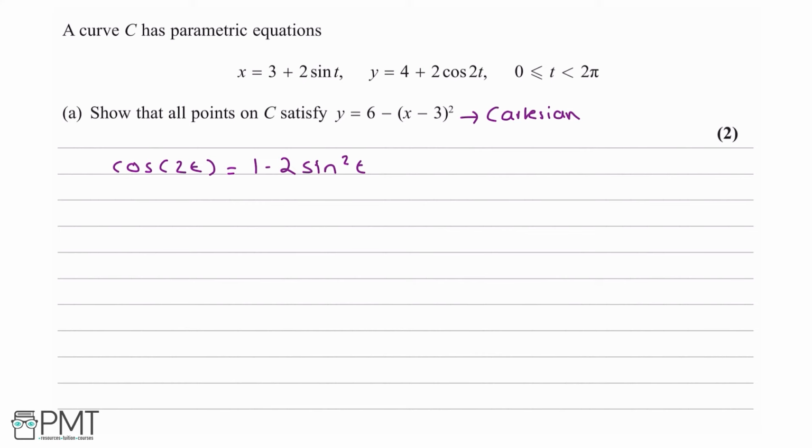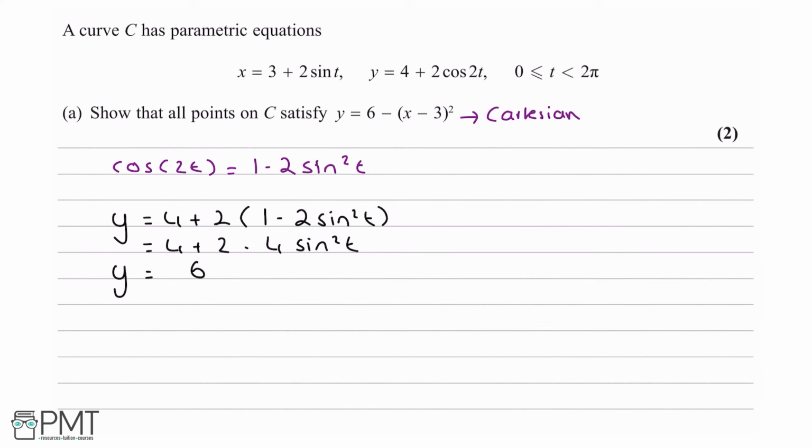So if y is 4 plus 2 cosine 2t, this means that y equals 4 plus 2 times (1 minus 2 sine squared t), which equals 4 plus 2 minus 4 sine squared t. And then we can take this one step further and say y equals 6 minus, and now 4 sine squared t can be written as (2 sine t) all squared.